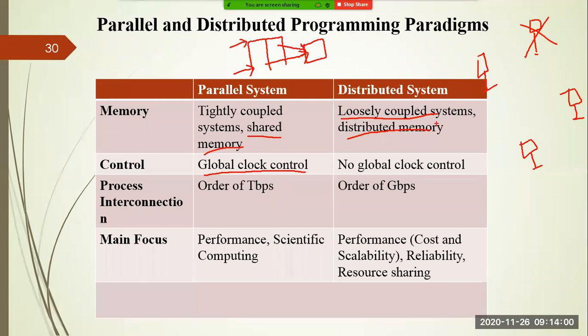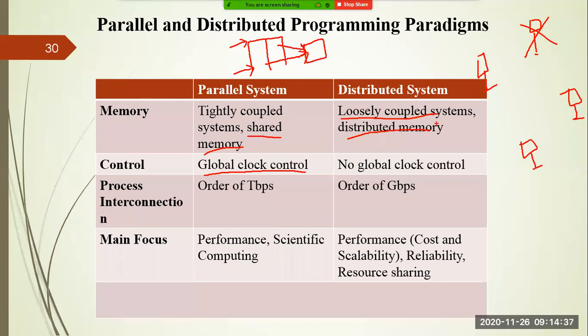If you go for scientific computing, if you want to run a scientific application on, let's say, a supercomputer, definitely you will get good performance. But you have to ensure that everything is available at that particular site. Cooling should be available, resources should be available, climate should be good. Or in the data center, the people who are working should be available. Otherwise, if some natural calamity happens, then you cannot achieve good performance.